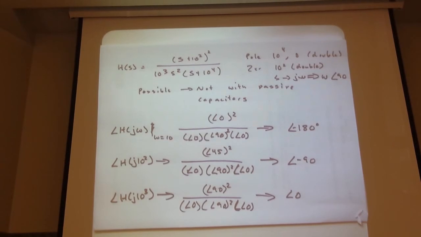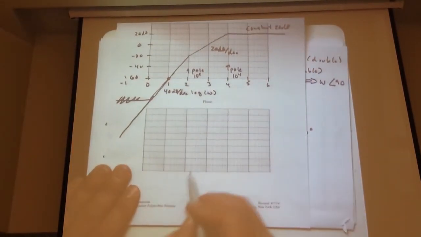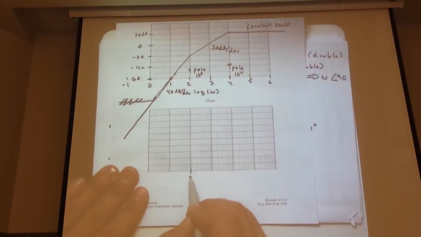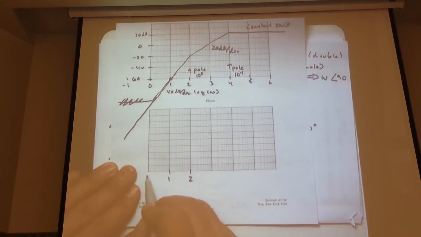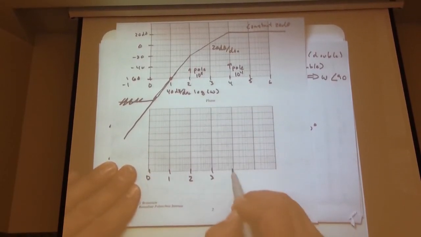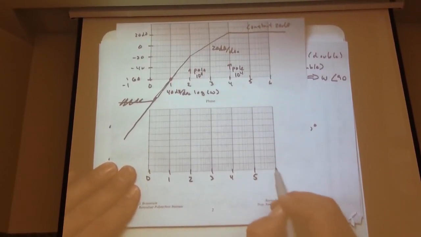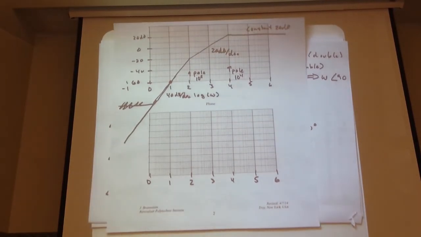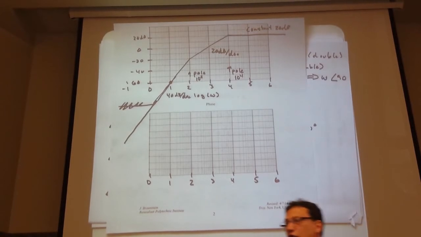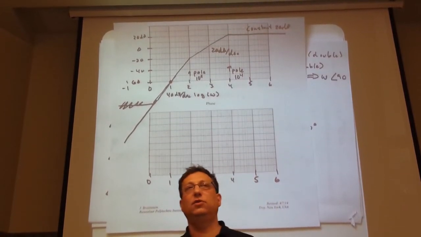And so if we draw that, there's our pole, or 0. Say 2, 1, 0, 3, 4, 5, 6. This is approximately a change of 180 degrees over 2 decades. Where do we put those 2 decades?